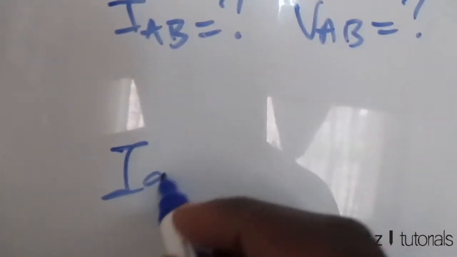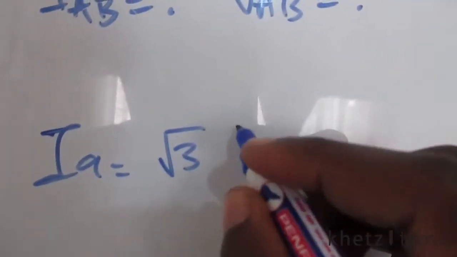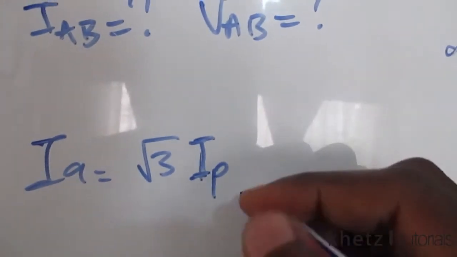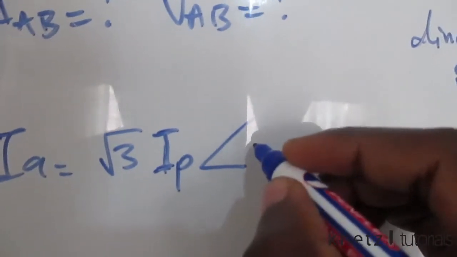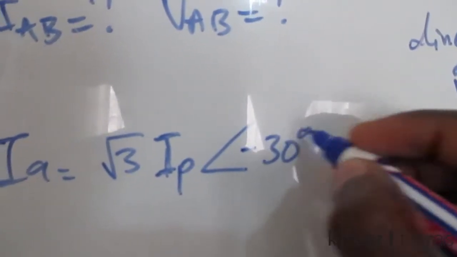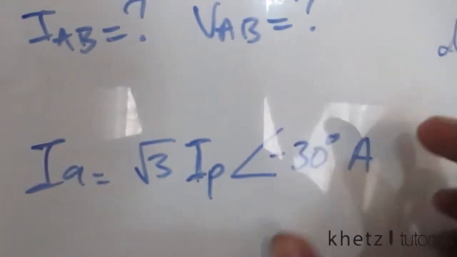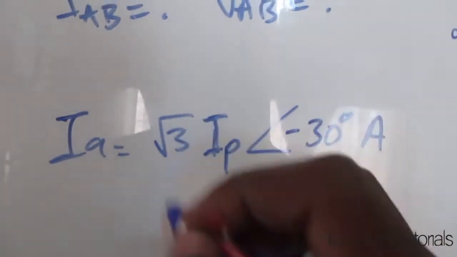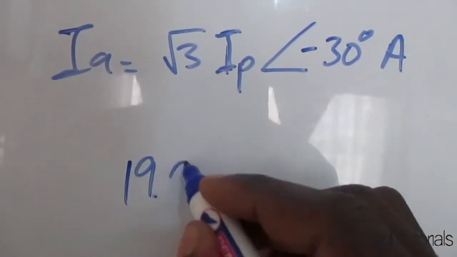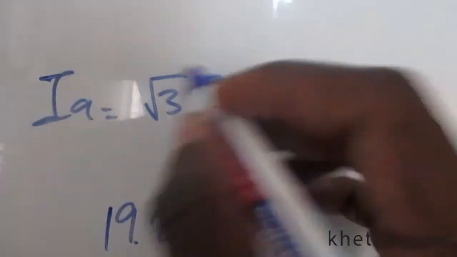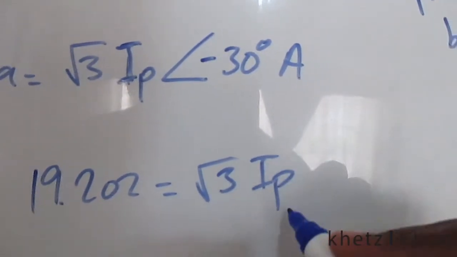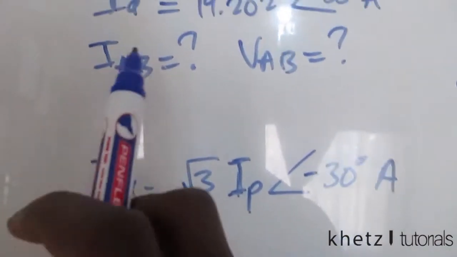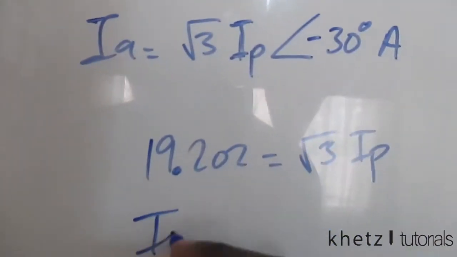We know that the line current is equal to square root of 3 multiplied by the magnitude of our phase current, and the angle is 30 degrees less, right? So given this line current, you can take this 19.2 to be square root of 3 IP, where IP is the magnitude of the corresponding phase current, which is IAB.